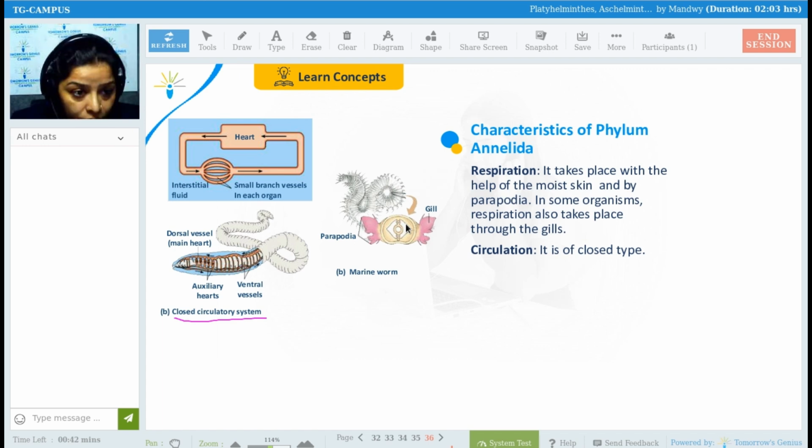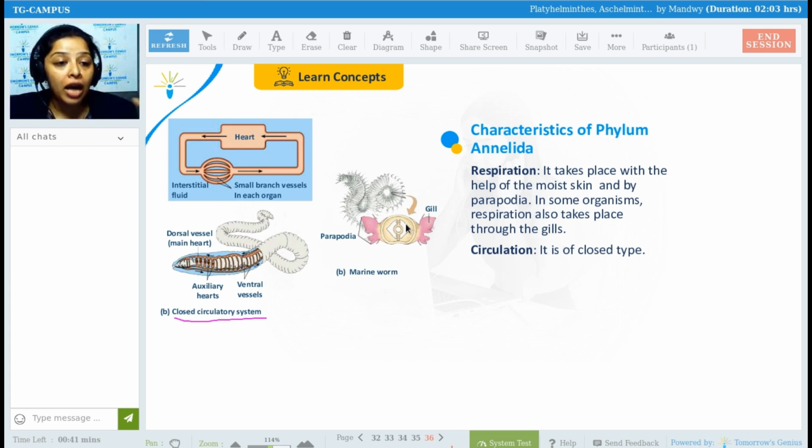Ma'am, we have closed type circulatory system, ma'am. What does that mean? It means the blood circulates through the vessels, ma'am, capillaries. Means in a closed pathway, right? In a closed channel, blood is circulating throughout the body.